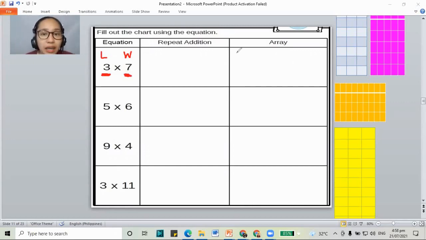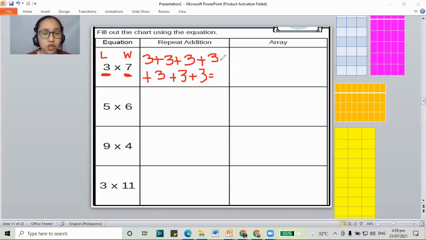So if I do first the repeat addition, I will add 3 7 times. 3 plus 3 plus 3, another 3 plus 3. So do we have 7? Did we add 3 7 times? 1, 2, 3, 4, 5, 6, 7. And what's the answer?